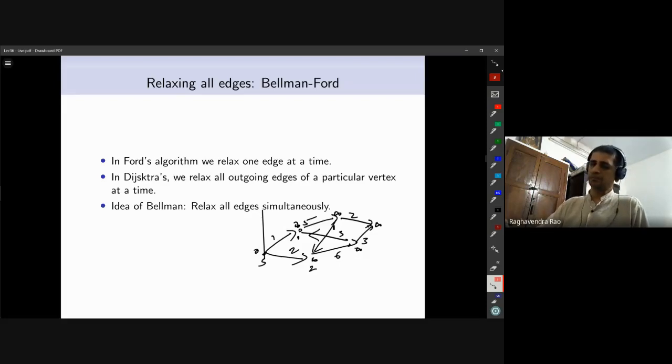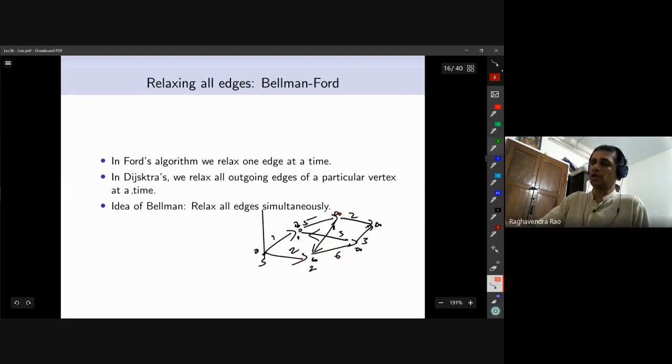The idea is that the shortest paths get updated like a wave. All neighbors of S will get updated in the first wave. It may not be the shortest path, but at least they will have some values. In the second wave, all their neighbors will also get updated.